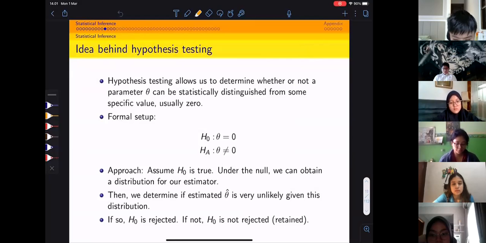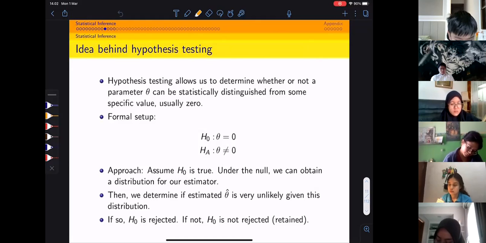We already did a discussion on the distribution of the betas, and given the distributions of the parameters, we're going to discuss the idea behind hypothesis testing. This is one of the exciting parts of doing econometrics.